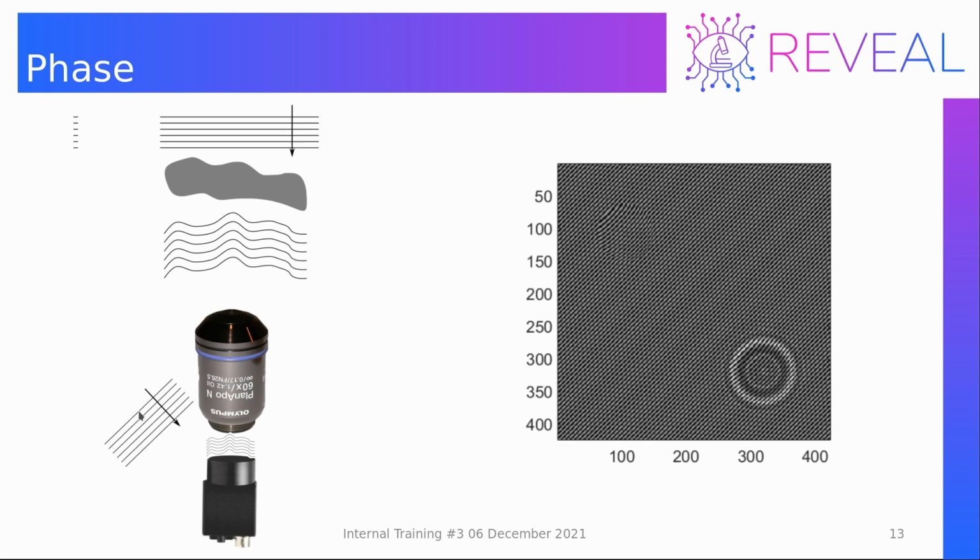What we do is we generate another plane wave which falls directly on the detector without going through the sample. So we know the parameters of this wave. We know that it's a plane wave, and when it falls on the detector, it interferes with this wave, which is the wave that went through the microscope objective.